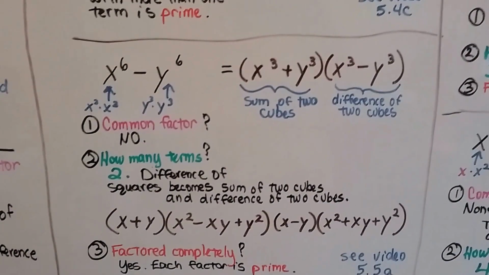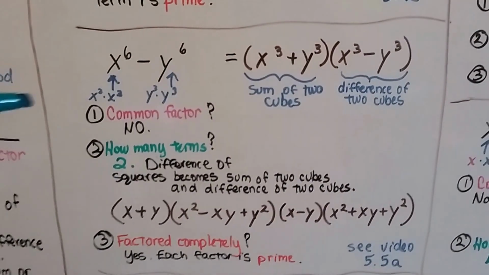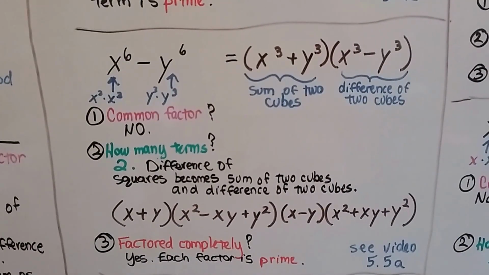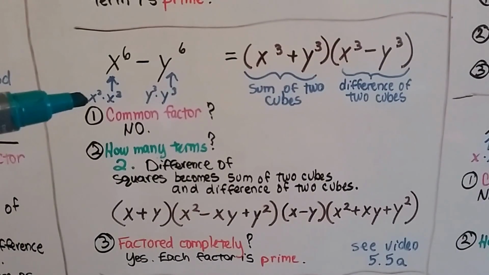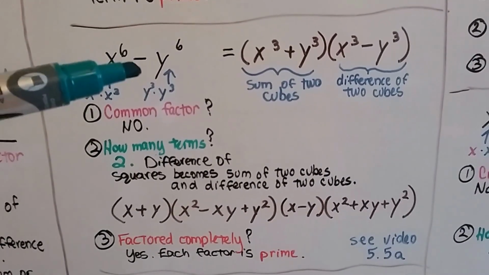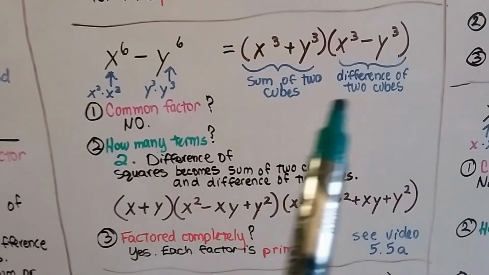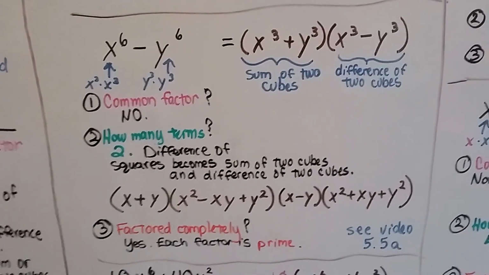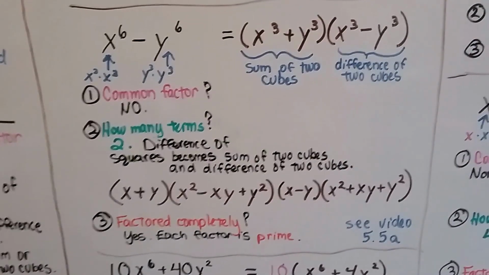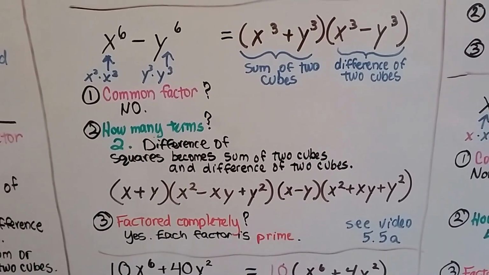All right, is there a common factor? No. We've got an x and a y. There's no common factor. This can be broken into x to the third times x to the third, and this is y to the third times y to the third. This is the sum of cubes. This is the difference of cubes. The difference of squares becomes the sum of 2 cubes and the difference of 2 cubes.